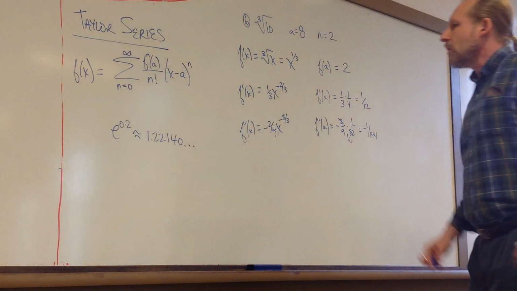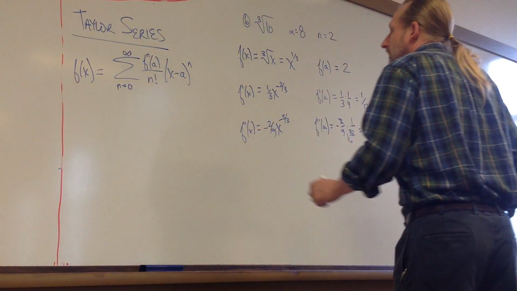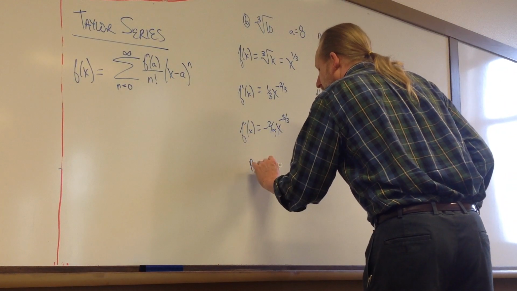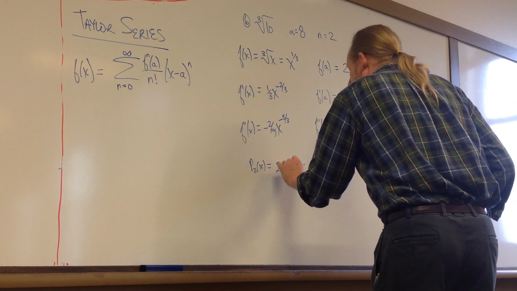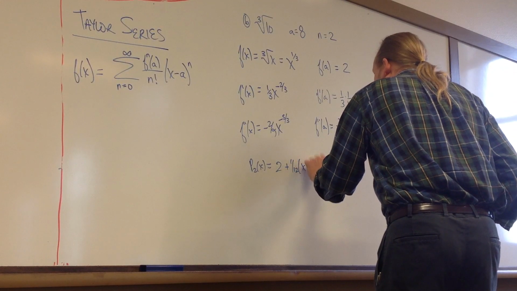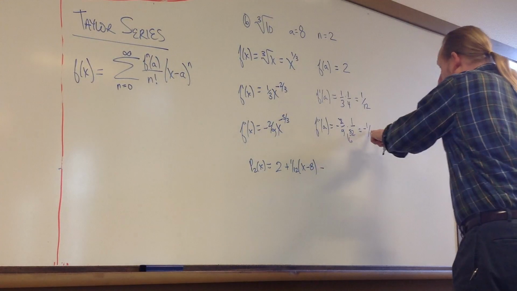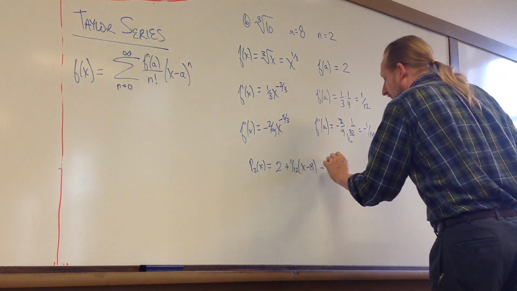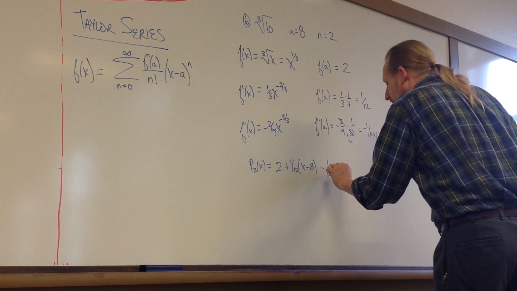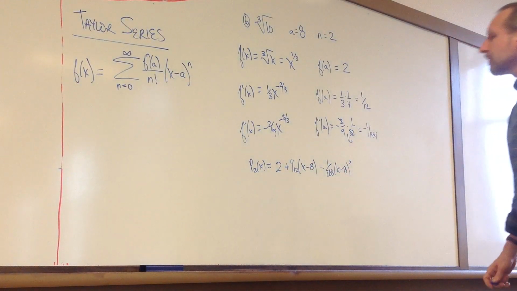All right, so our approximating polynomial, let's see, our P2 of x is going to be 2 plus 1/12 x minus 8, minus 1 over 144 times a half, which is 1 over 288 x minus 8 squared.